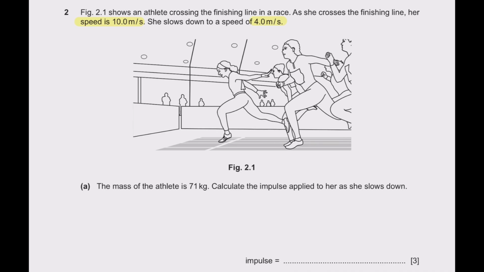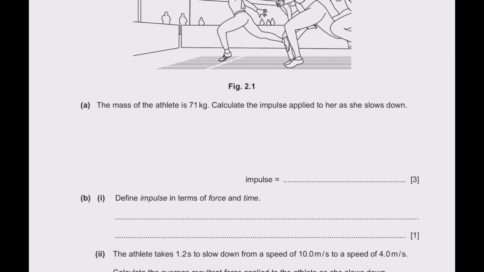So we know, what do you mean by impulse? First of all, mass is also given to us, that is 71 kg. We have to calculate the impulse. Impulse is nothing but the change in momentum, that is the final momentum minus initial momentum.